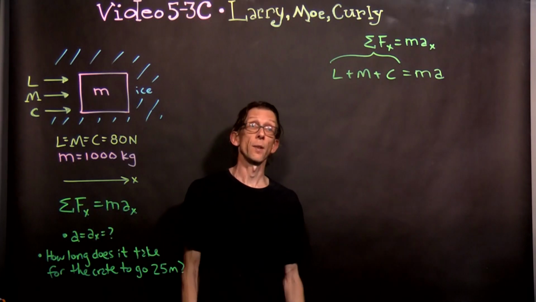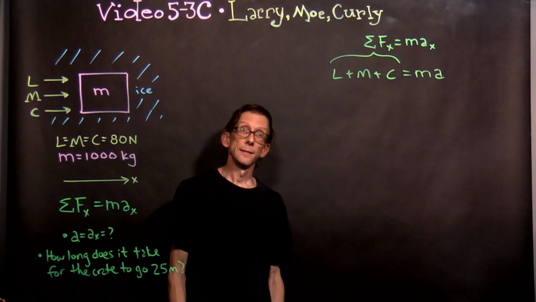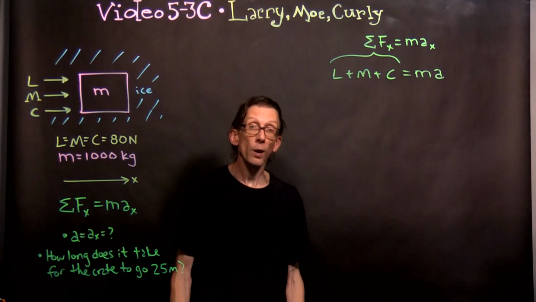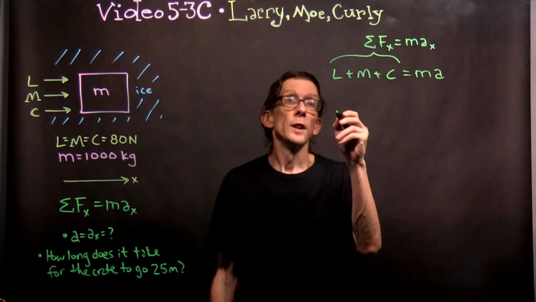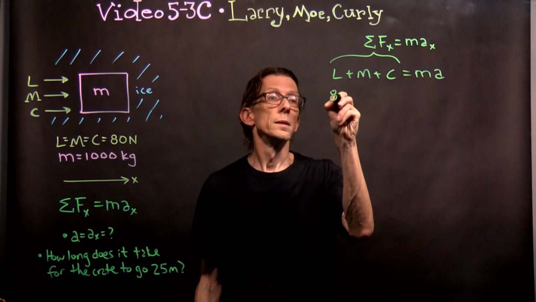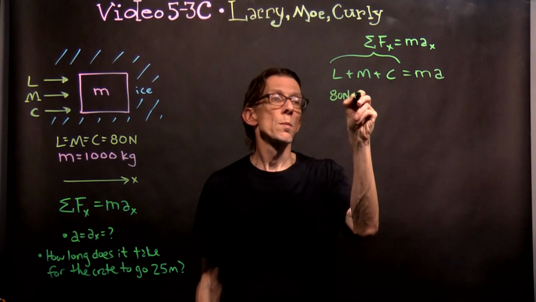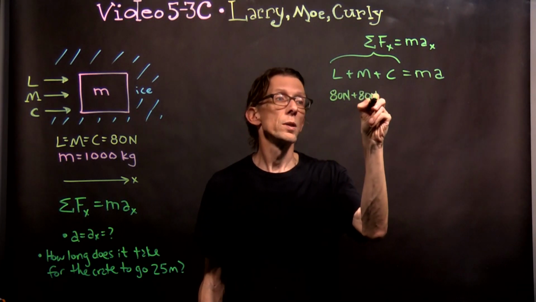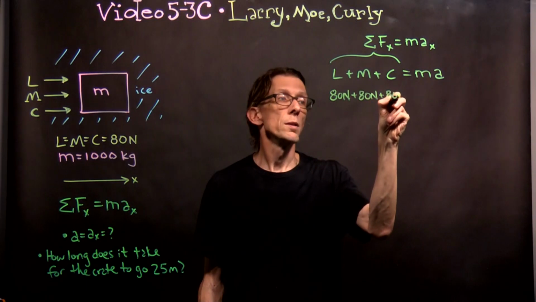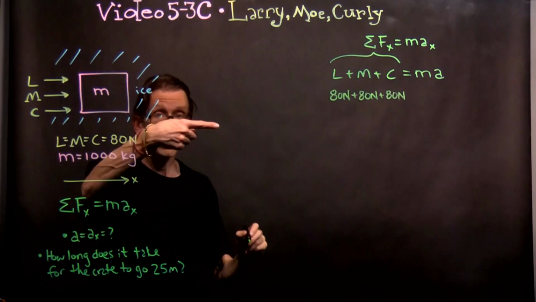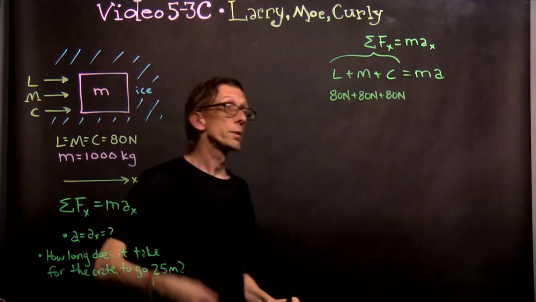We know it's in the X direction. Okay. So I'm going to put some numbers in here. I'm not going to do it algebraically. I'm going to put numbers in. So this is going to be 80 newtons plus 80 newtons plus 80 newtons, right? They're all positive. They're all 80 newtons.